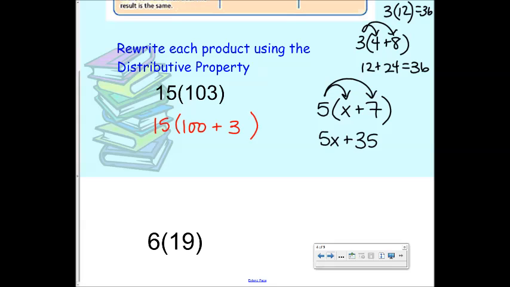Can you do 15 times 100 in your head? Yeah, what is it? 1,500, because if you multiply by 100, you really just add two zeros. Can you do 15 times 3 in your head? What is it? And now can you add these together in your head?